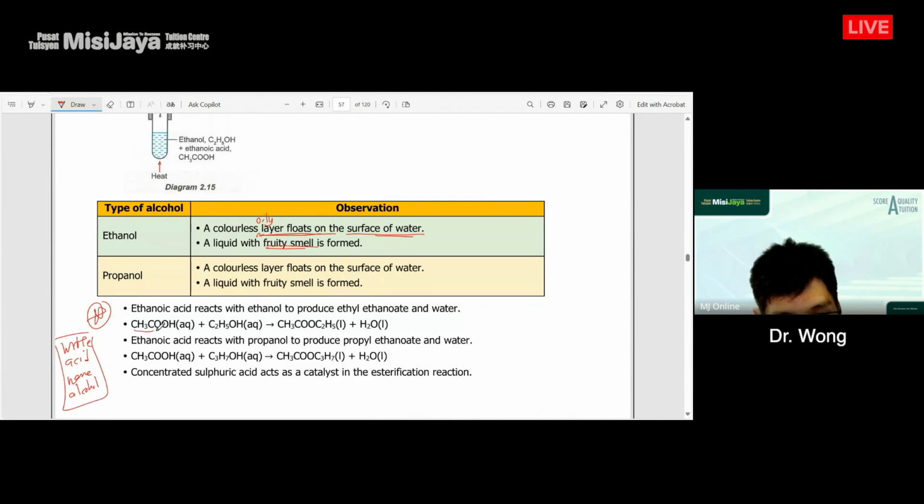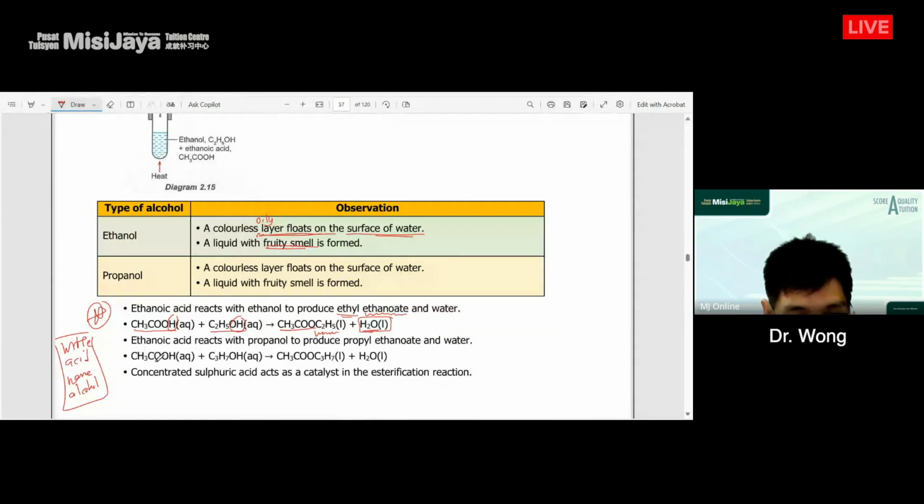We'll write acid followed by alcohol. Then this H and OH we take out, CH3COO followed by here C2H5. And the H and OH join to form water. How to name? Name this first. 2C is ethyl, 2C is ethanoate.